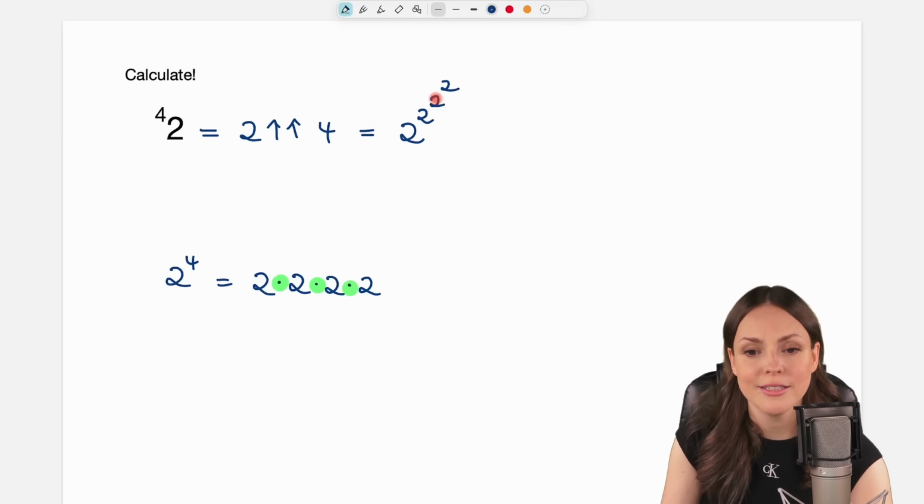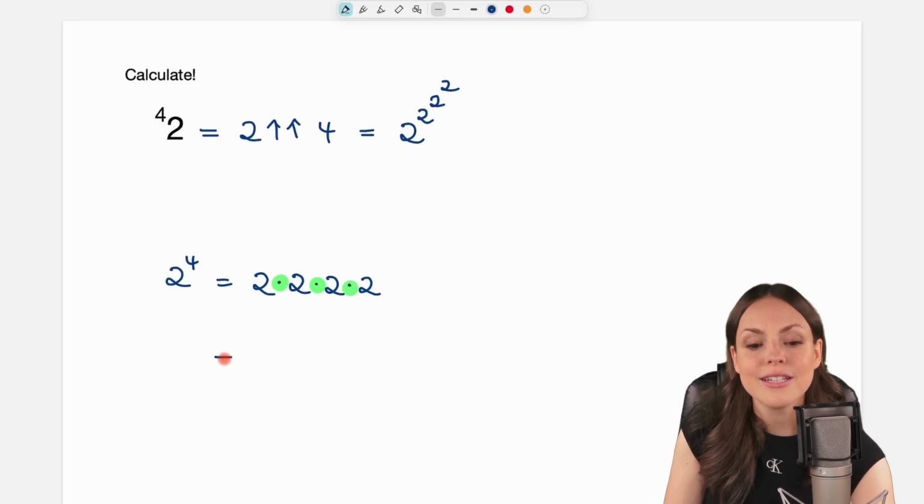And before we calculate this, just for you to see these different levels, this here is the repetition of exponentiation. This here is the repetition of multiplication. And then there is another level where you have the repetition of addition.